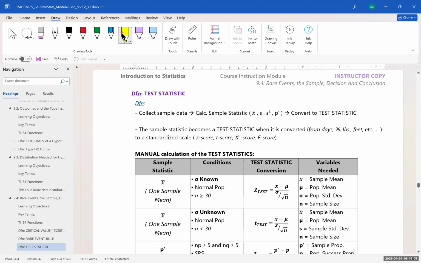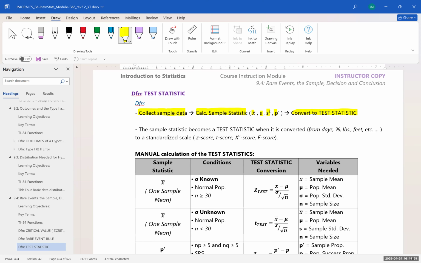So with a test statistic, we collect sample data, we calculate a sample statistic like sample mean, sample standard deviation, sample variance, sample proportion, and we convert that into a test statistic.